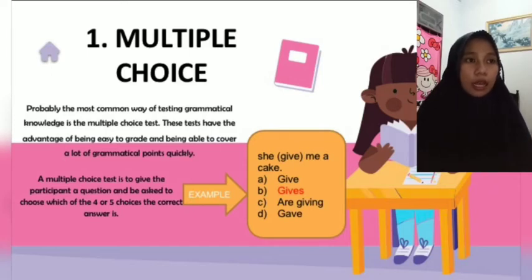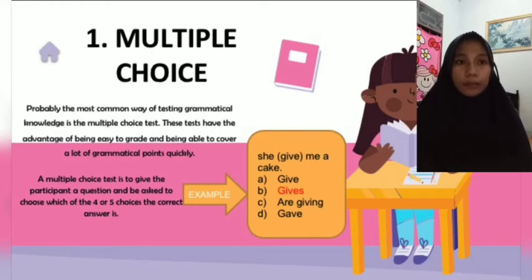These tests have an advantage of being easy to grade and being able to cover a lot of grammatical points quickly. A multiple choice test is to give the participant a question and ask them to choose which of the 4 or 5 choices is the correct answer.